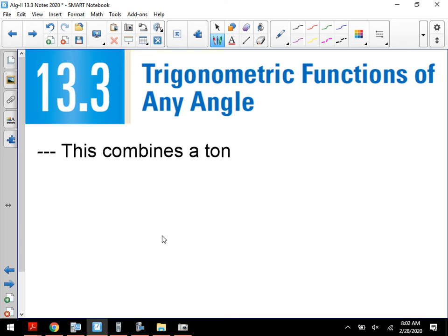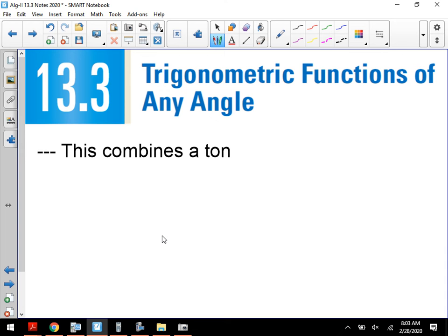now we start to get into a combination of a lot of the stuff that we've looked at. Back at the beginning of this unit, we did right triangles, we did some specials, we did elevation, depression, law of sines, law of cosines. Along with all of that, I also introduced you guys to 3 other new trig functions.